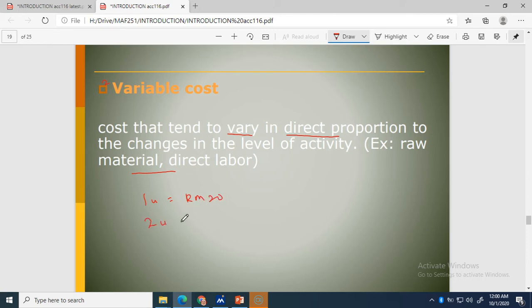If you produce 2 units, the cost of material is 40 ringgit. If you produce 3 units, the cost is 60 ringgit. So it will vary in direct proportion. Every unit increase, the cost will increase by 20 ringgit.